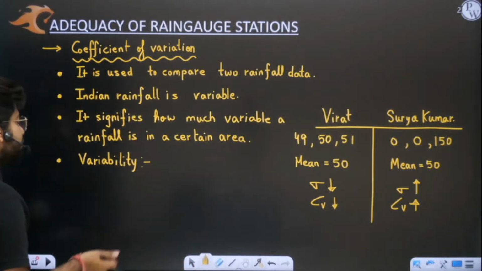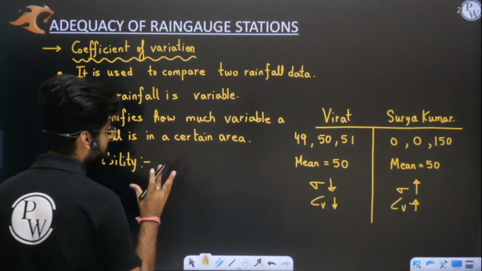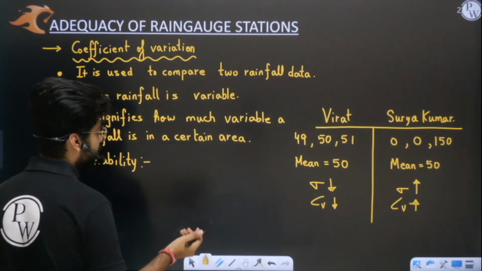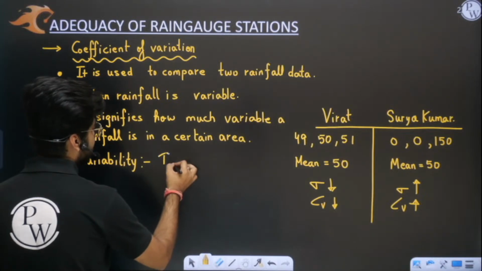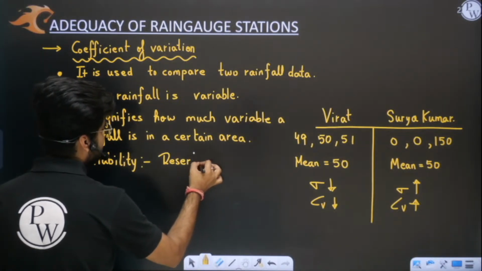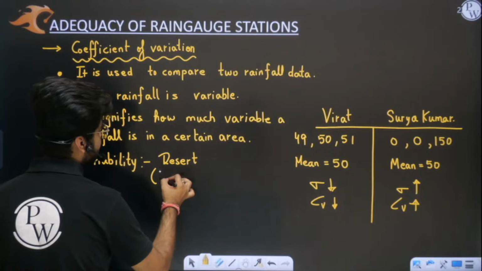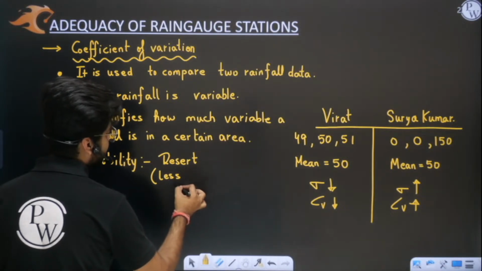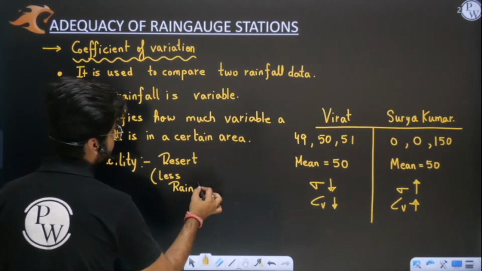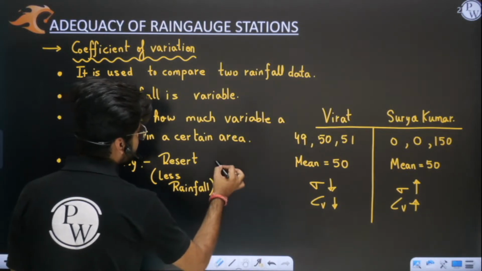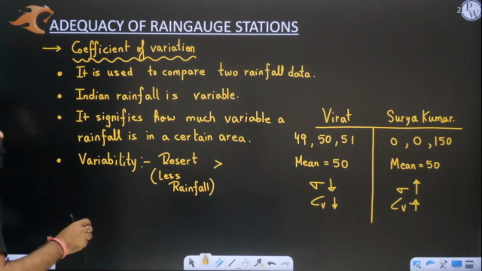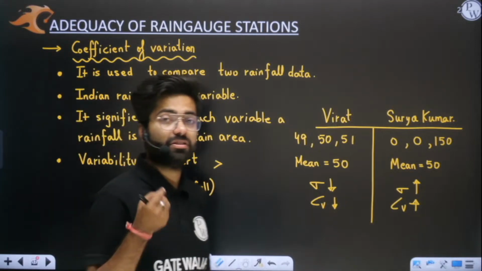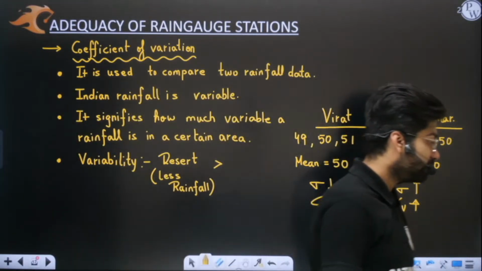But if we talk of variability, desert areas, or the places which are having low or scarce rainfall, those are more variable. In those areas we will have more variability. This question can be framed in your examination.